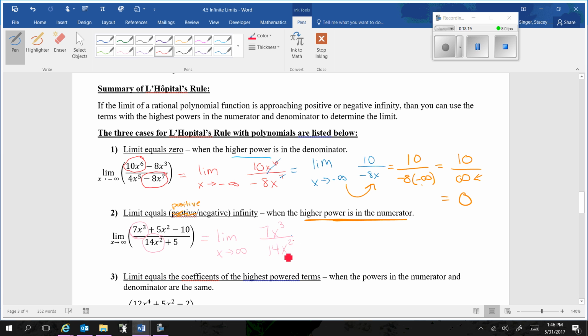If I reduce it, my x's would cancel out, all but one in my numerator. And I can reduce 7 and 14 if I wanted to, which would become 1/2. So I'd get the limit as x approaches infinity of x divided by 2, or 1x divided by 2, however you wanted to write it. If I plug infinity in, I'd get infinity divided by 2, which still gives me infinity.